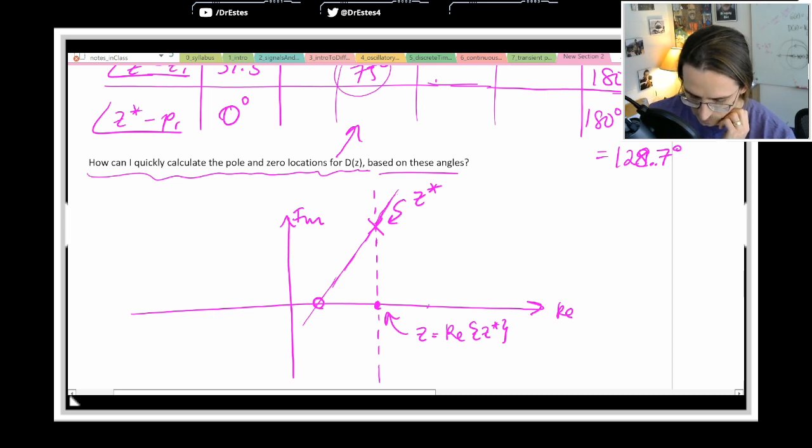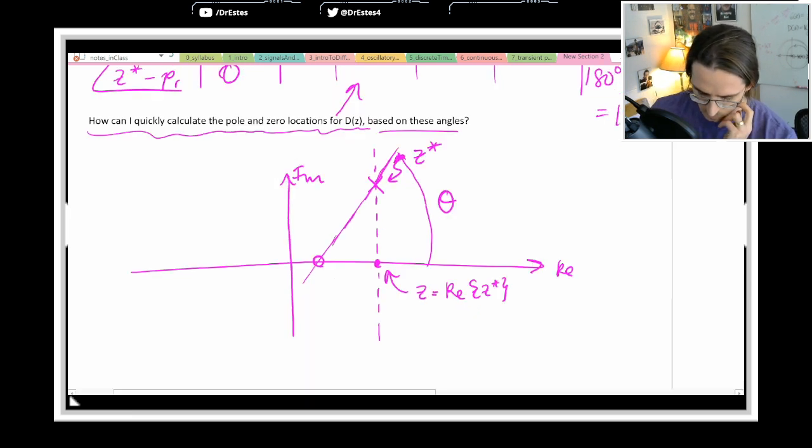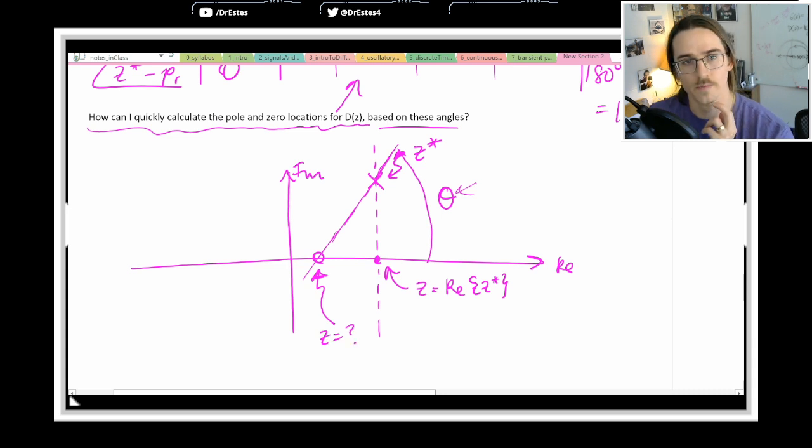In this case, I kind of drew it to be something like 75 degrees, but this is going to work in general. So I'm just going to call it theta, because it doesn't matter if it's 75 degrees. And what I'm looking for is, I already know the angle, but what is the z location down here on the real axis?